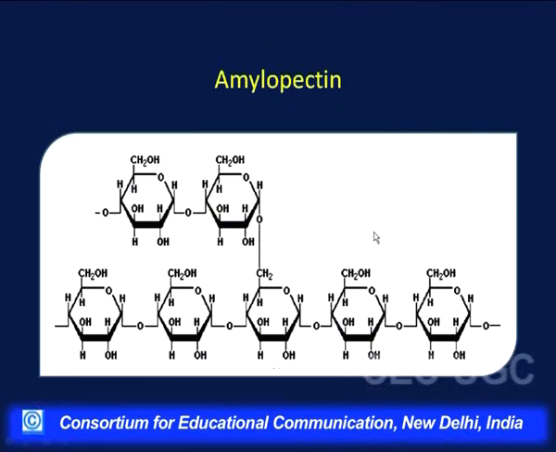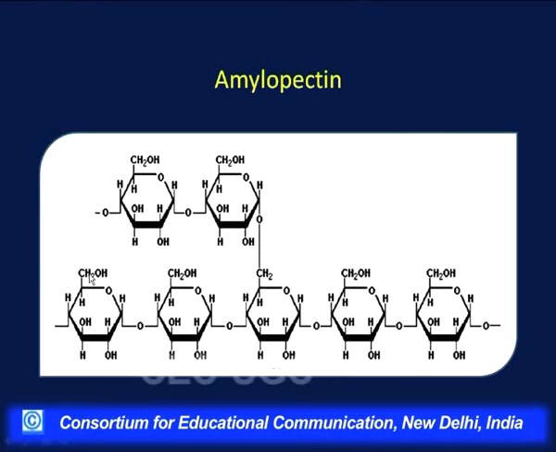We can show it like this. Say this is the straight chain of glucose as it was in amylose. This is carbon number 1 of glucose joined with carbon number 4 of another glucose and so on. Now this is carbon number 6, CH2OH here, and one of the glucose molecules, using its anomeric carbon, that is carbon number 1, forms a glycosidic bond here, and then again the chain continues.